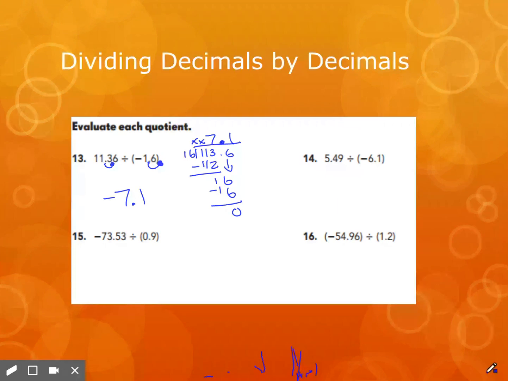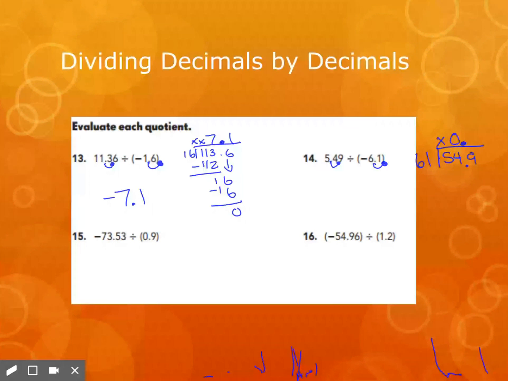All right, in number 14, again, I'm going to move my decimal first. So now that makes that 61, and this will be 54.9. So I have 54.9 divided by 61. So 61 can't go into 54. I'm going to put a 0 in my ones place just for good practice.